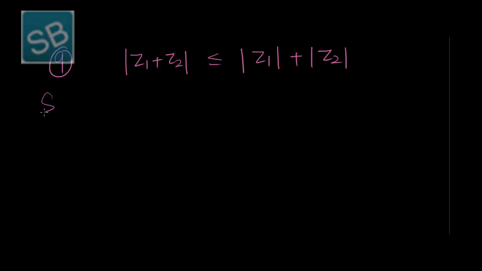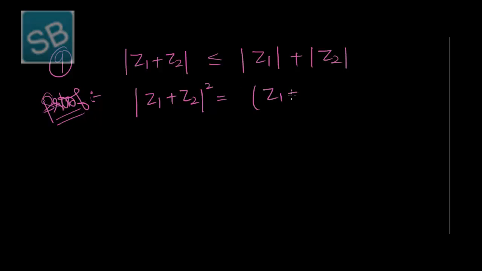Now the proof is: modulus of z1 plus z2 whole square is equal to z1 plus z2 into z1 bar plus z2 bar.